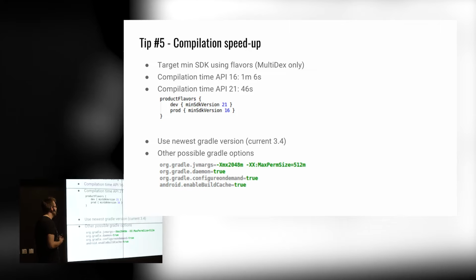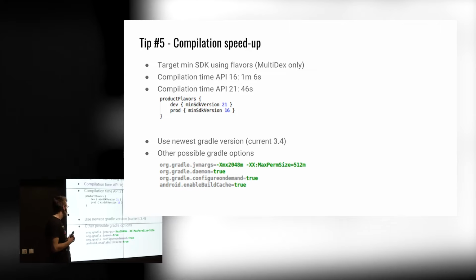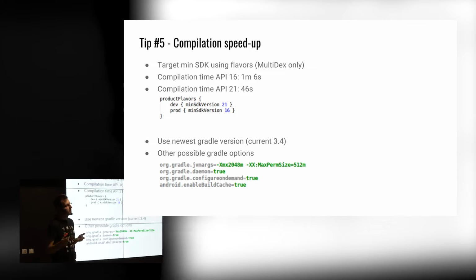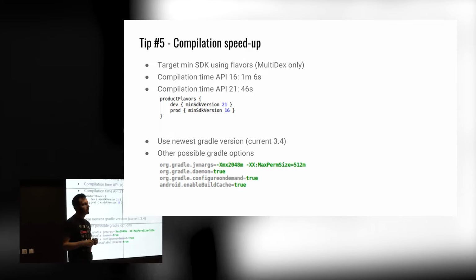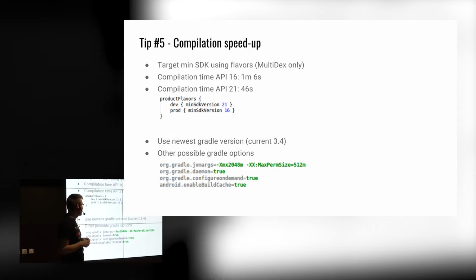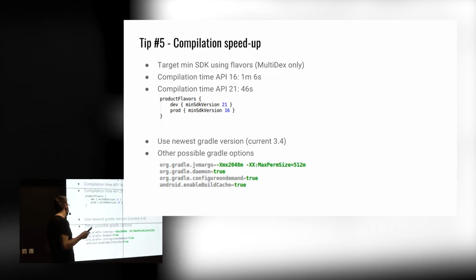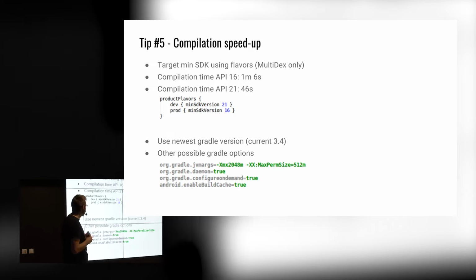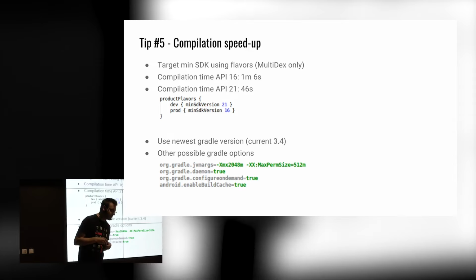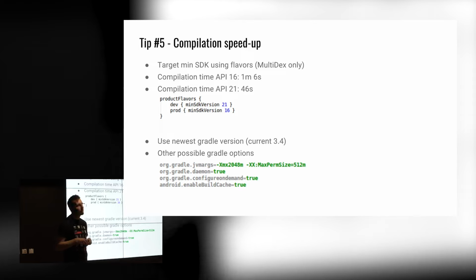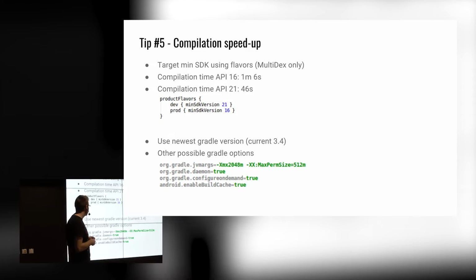Next things that can speed up development: you can use the newest Gradle version, which in every version usually has some optimization, and the compilation time takes less. And other possible Gradle options are, you can specify some Java arguments, which will speed up, or doesn't have to speed up, your compilation, like assigning more memory to the Java machine and that stuff.